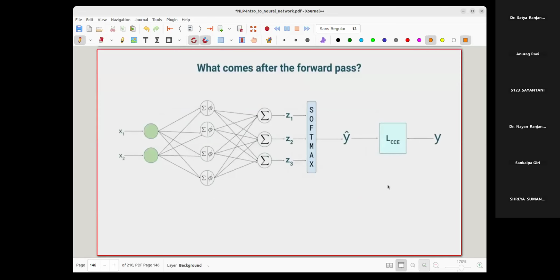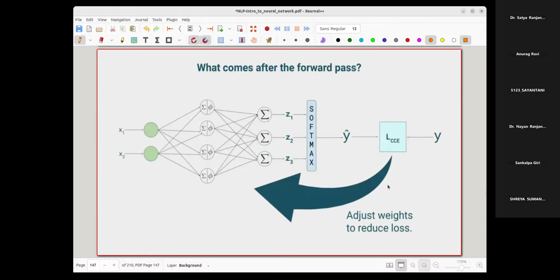We calculated the loss, and we have to update the W so that the loss will be minimum. For that we need to go backward, adjusting the weights so that it reduces the loss. How do we go backward and update the W?